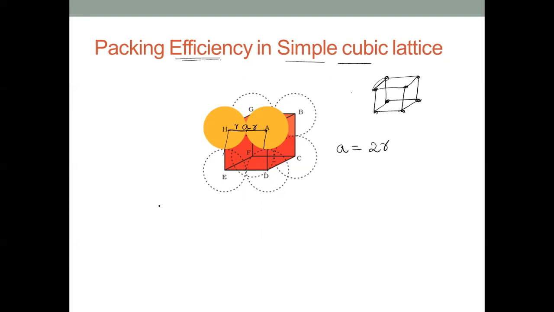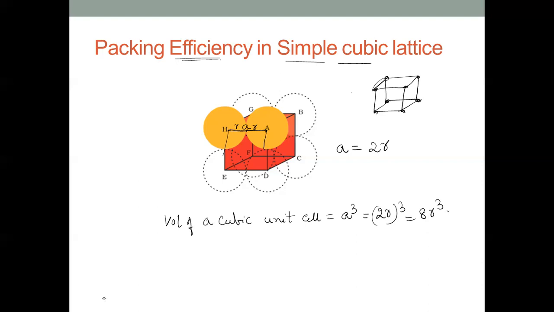Now the volume of a cubic unit cell is a cube, since all the sides are equal, so (2r) whole cube, which is 8r cube.